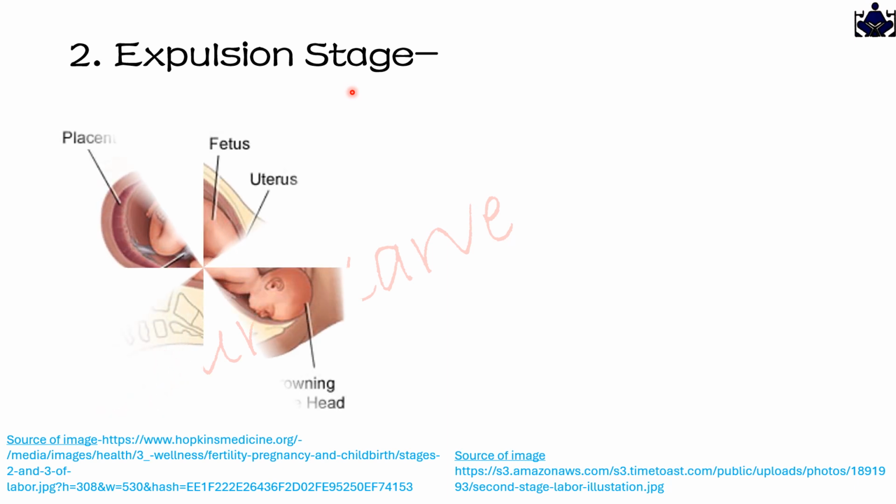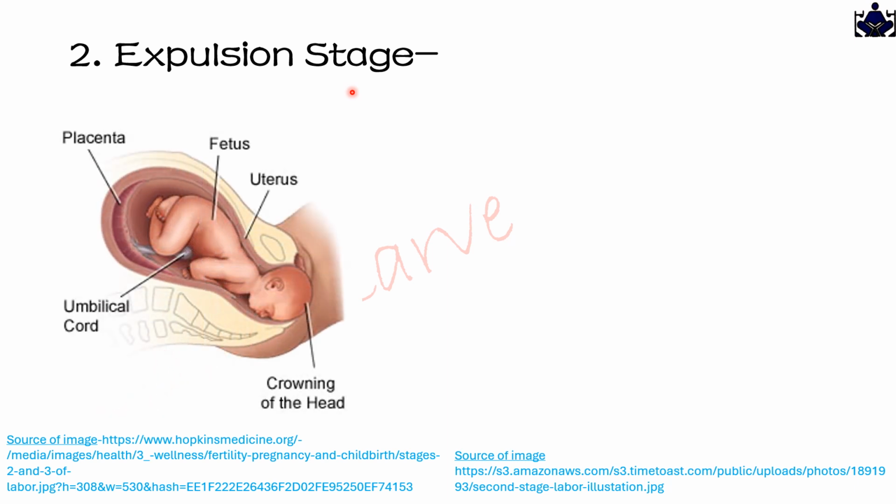So, in the second stage of labor, that is expulsion stage, what happens exactly? Here, actually, the delivery of the baby takes place. How? Let us see that. At this stage, uterine and abdominal contractions are more stronger, which result in expulsion of baby.